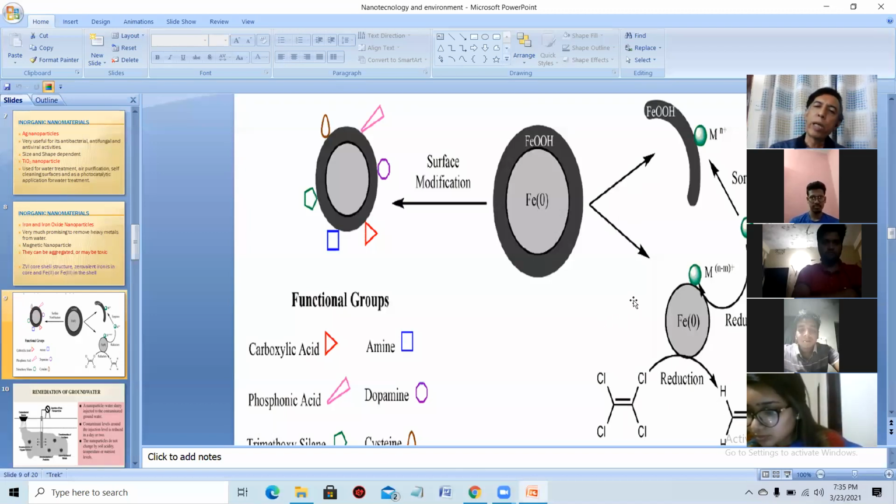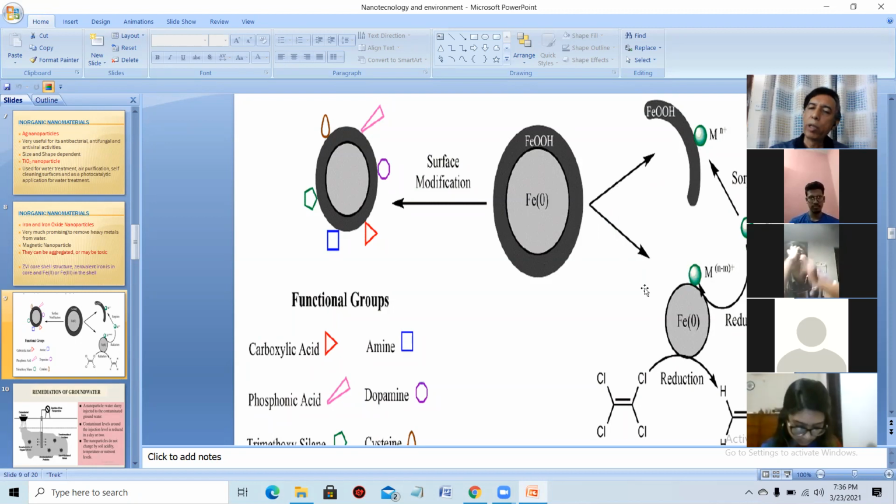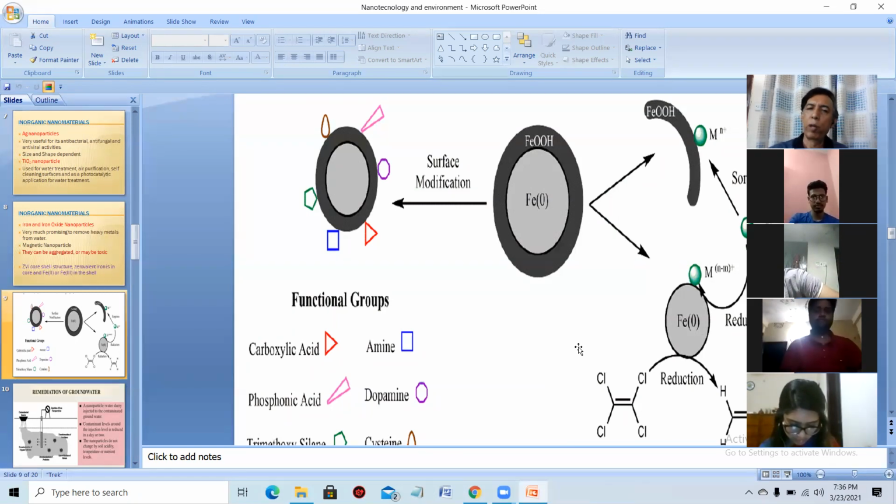So you can absorb the heavy metal ion at the shell, or you can absorb it at the core also, and the core material reduces the chlorinated compounds that are very much harmful for our body. You know, chlorine is very much harmful for our body.